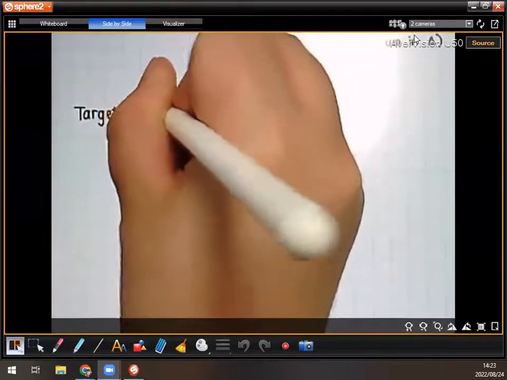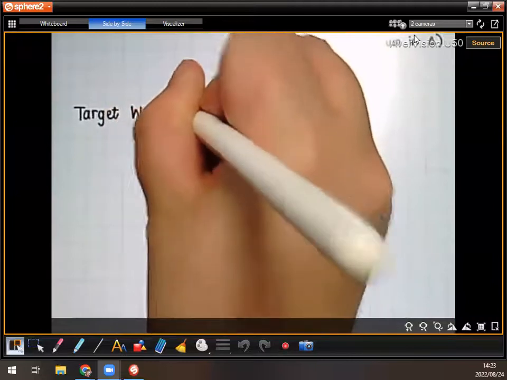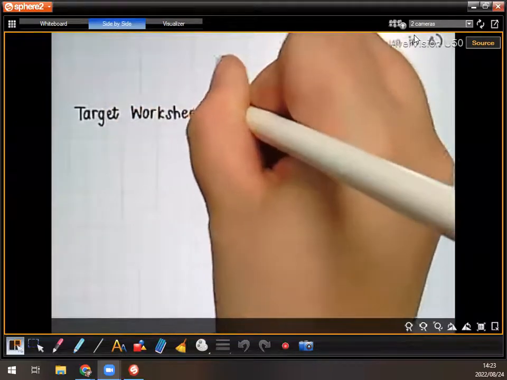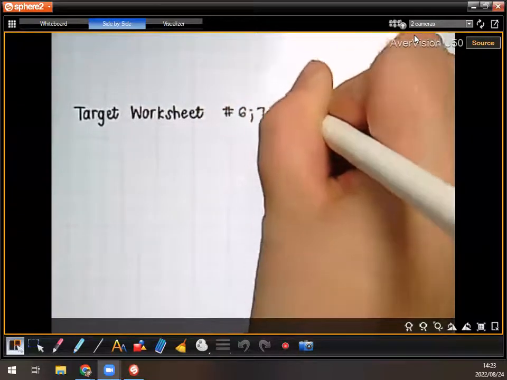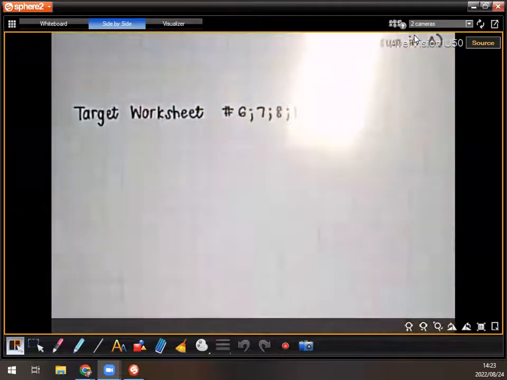Okay, target worksheet. What did I say now? It was 6, 7, 8, 11, and 12. And then in the textbook, the target worksheet ones are just like the ones that we did now, right? It's just finding angles.